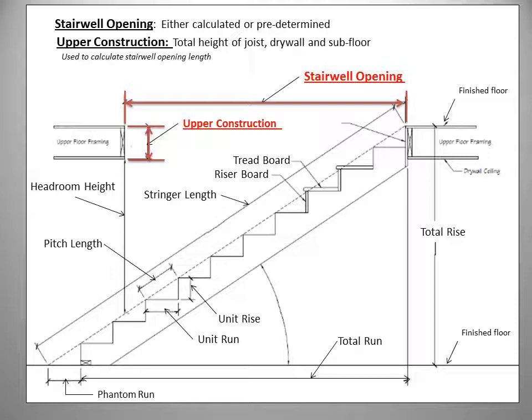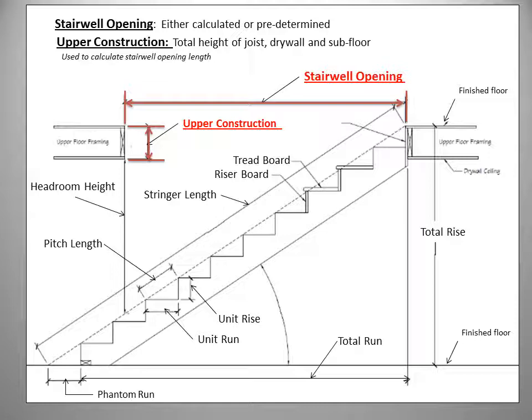The stairwell opening is often provided in the architectural drawings. However, if it is not, you can calculate it with methods we will discuss in another presentation. The upper construction is a term we use to describe the thickness of the upper floor.